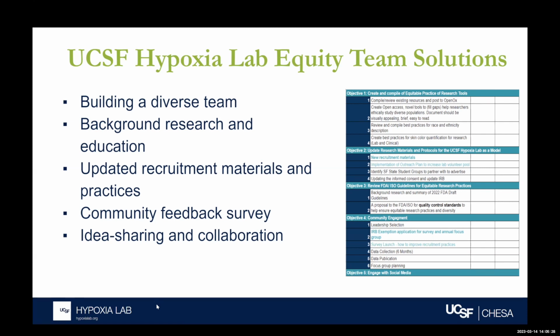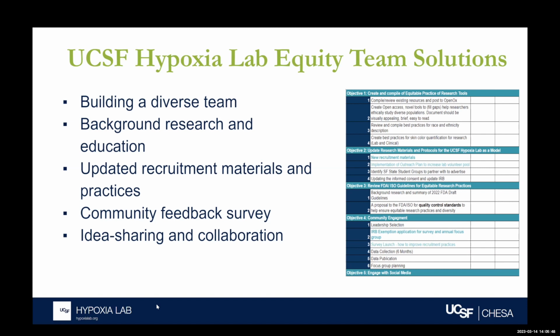And then background research and information. So our team is working on reviewing literature, not only about bias in pulse oximetry, but also strategies for attaining equitable research practices. So of course, arming ourselves with knowledge is important, and we encourage our members to come prepared.